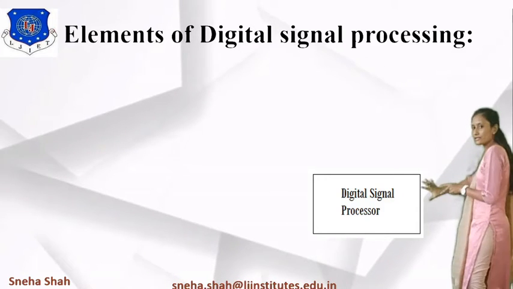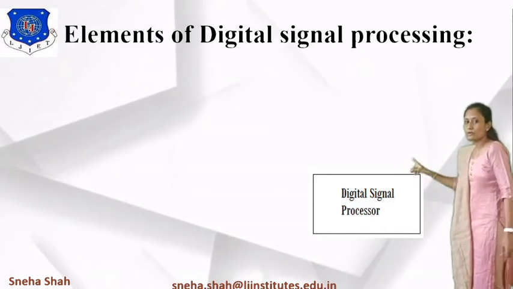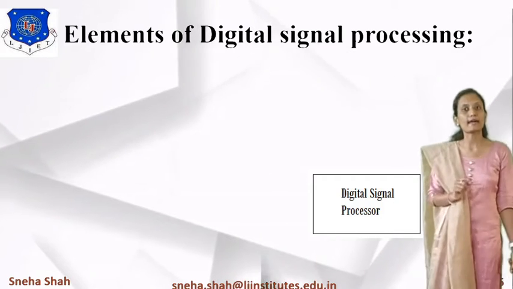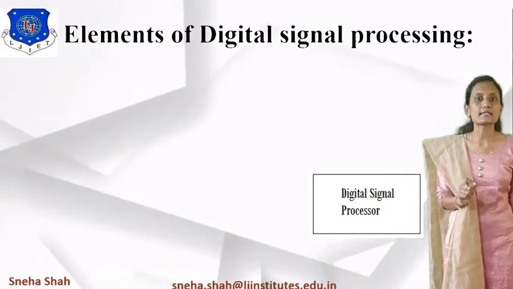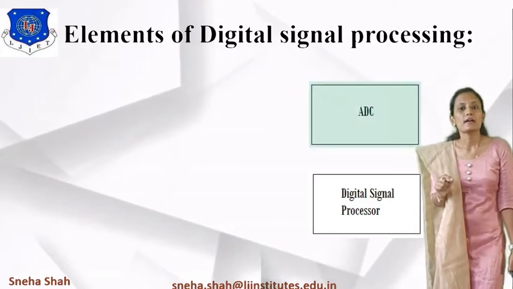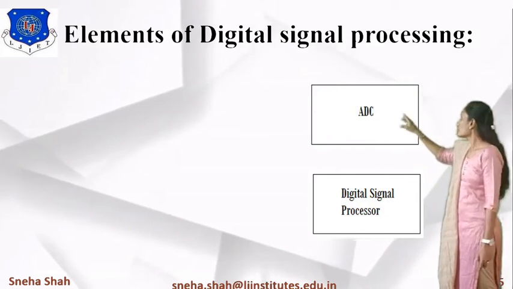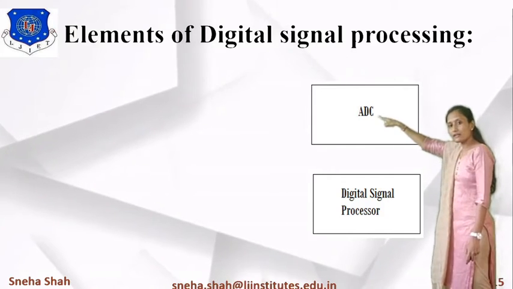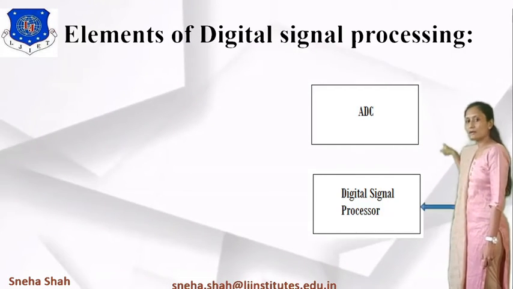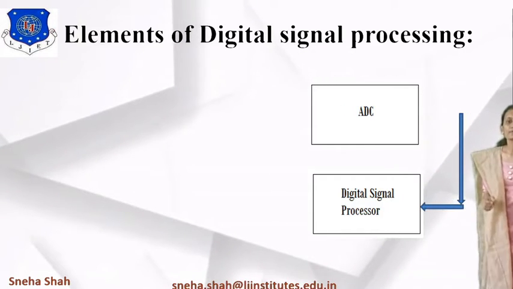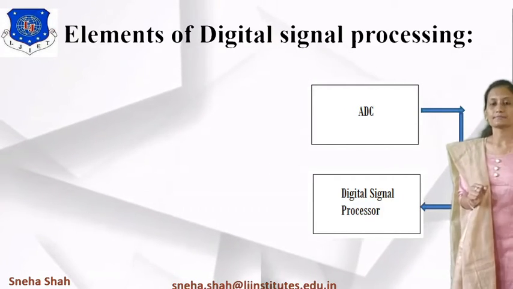So before applying the signal to the digital signal processor, we use an analog to digital converter. It converts the analog signal into digital, then applies it to the digital signal processor, which does the processing on it.